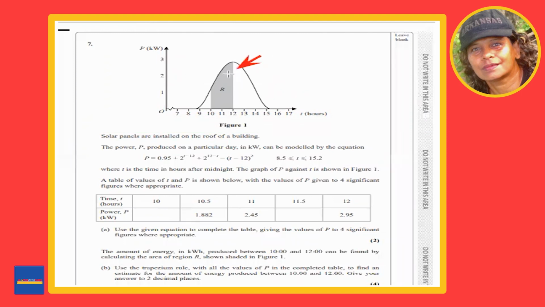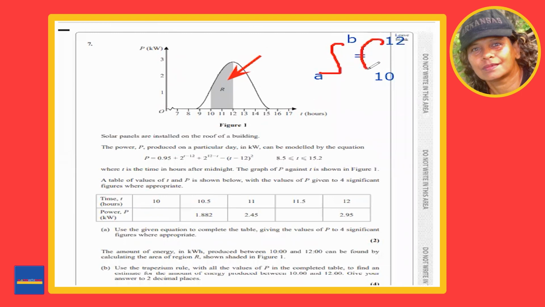In terms of our theory for integration, the area of anything is basically integrating the graph between the values of x from a to b. In this case, a to b is the integration from 10 to 12, because that's what they're asking us to do.